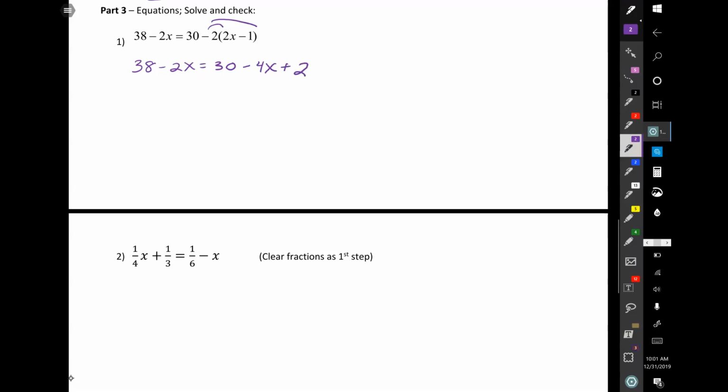Now I need to get my variables to one side and my numbers to the other side. Actually, I'm going to simplify the right-hand side further first, just to make that easier to work with. So I'll have 32 minus 4x on the right-hand side.